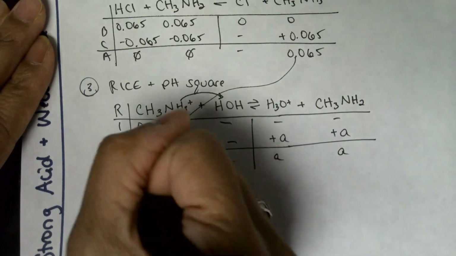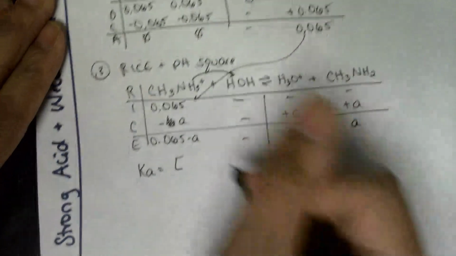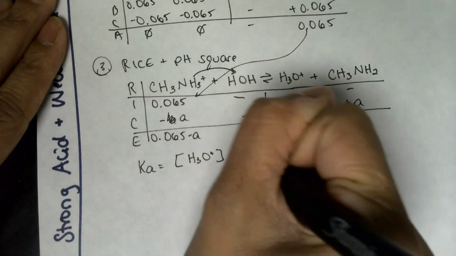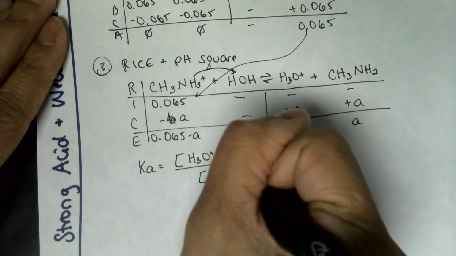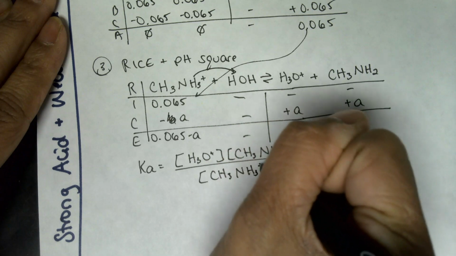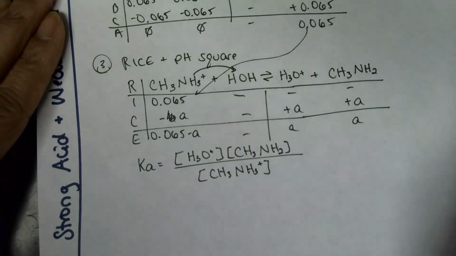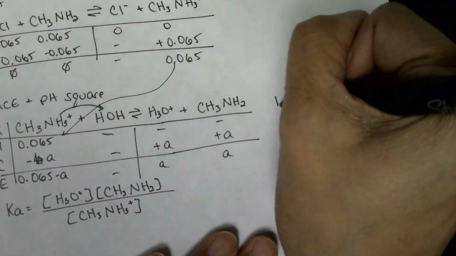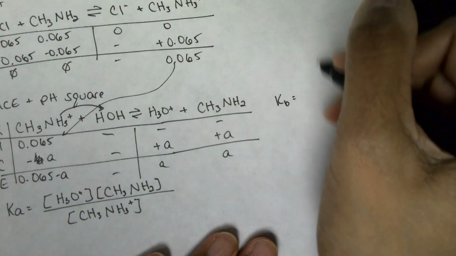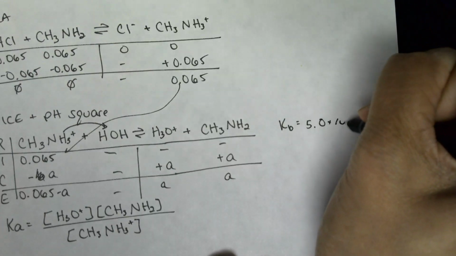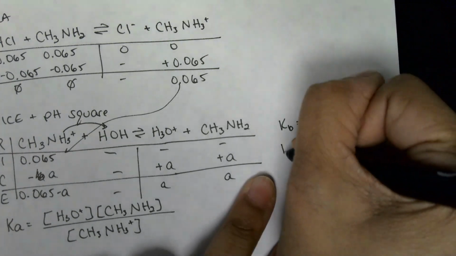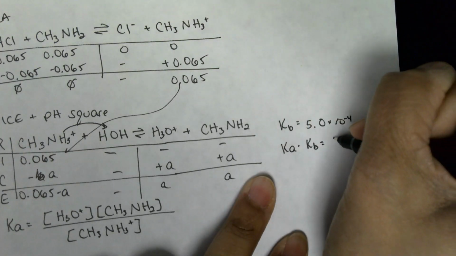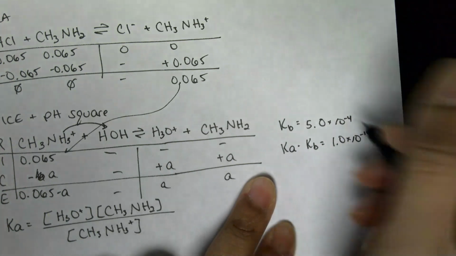and then I am going to put it into a Ka expression. Hopefully you can do these in your sleep. Okay, cool. All right, so from up above, I have a Kb equal to 5.0 times 10 to the negative 4. So I've got to think about my expression. How do I figure out my Ka? I know my Ka times my Kb is equal to 1.0 times 10 to the negative 14.